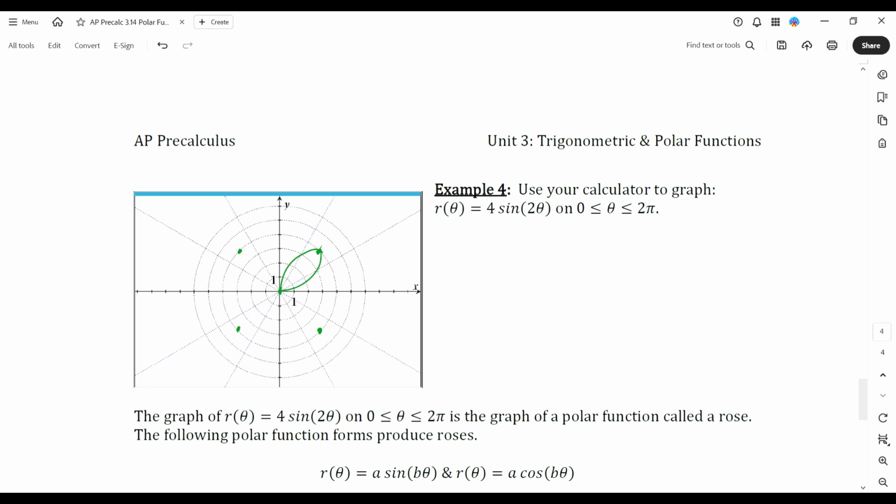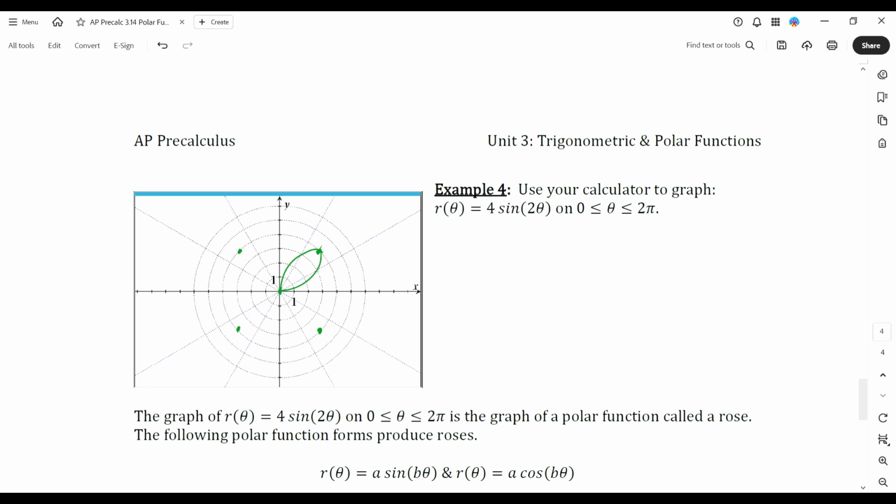And then we've done pi over 4, pi over 2, 3 pi over 4. 3 pi over 4 times 2 would be 6 pi over 4, which would be 3 pi over 2. Sine of 3 pi over 2 is negative 1. 4 times negative 1 is negative 4.